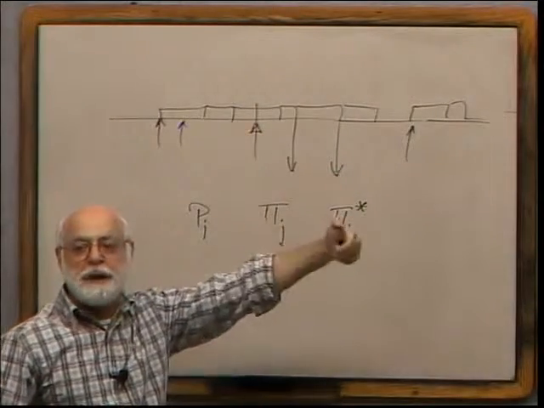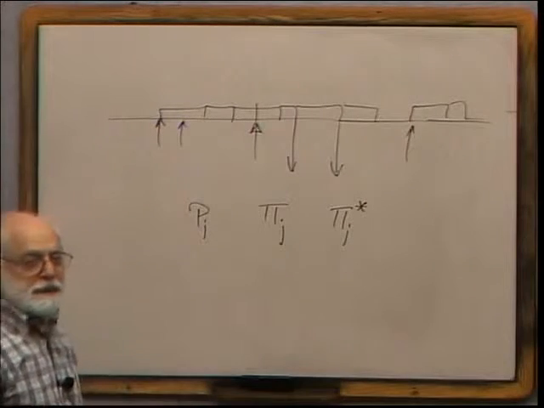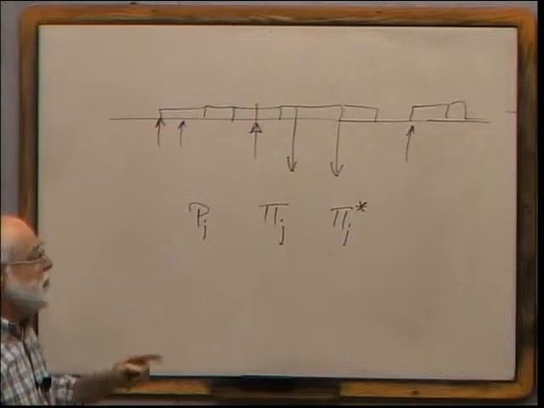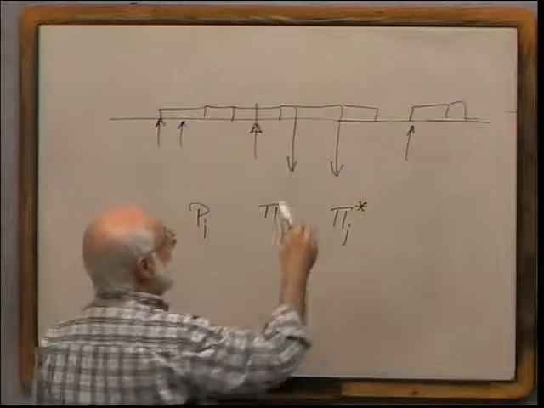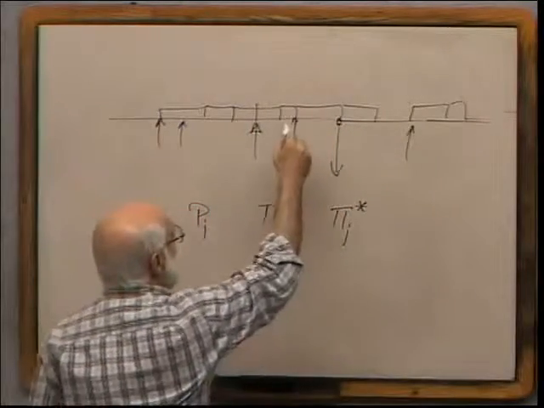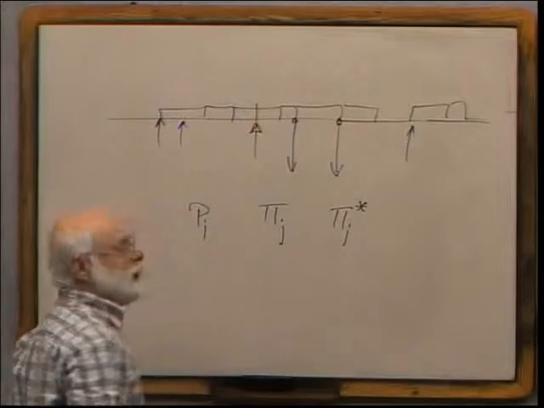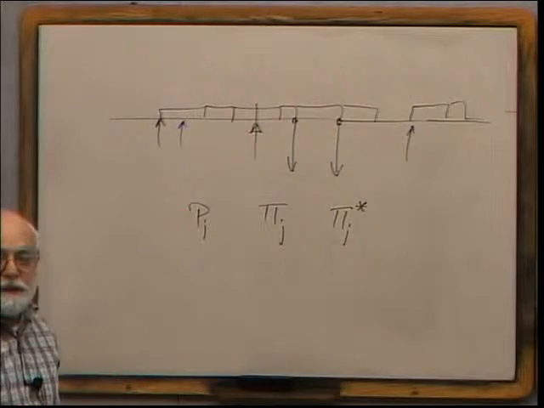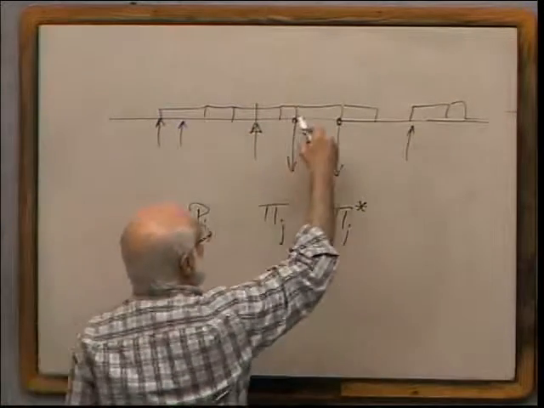Now, that's easier to do because when a customer departs, I know how much time there is between successive customers. It's a service time. So this length of time, I know its distribution function.